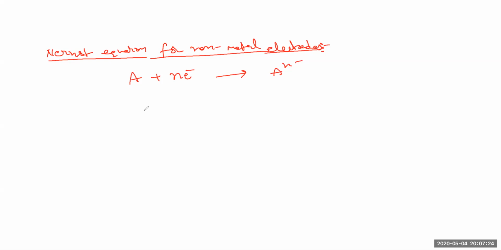Now apply the Nernst equation. What is the Nernst equation? E cell is equal to E naught minus 0.059 by n, directly I am writing, log of product. What is the product term? Anion concentration divided by reactant non-metal concentration.